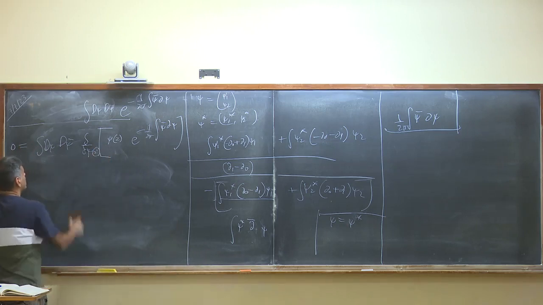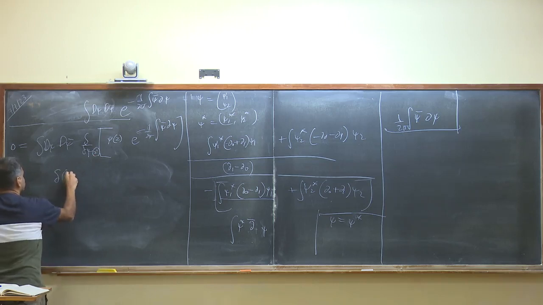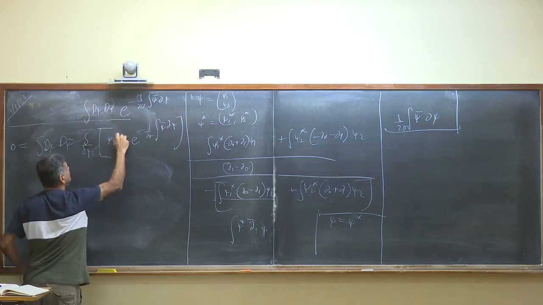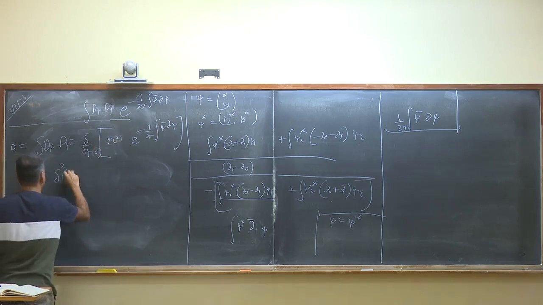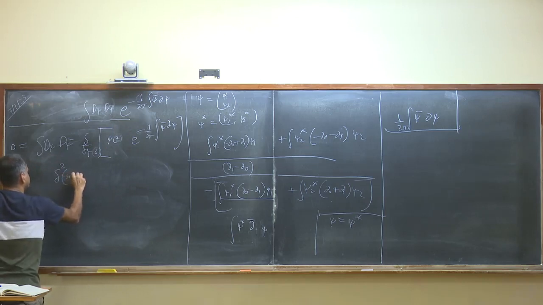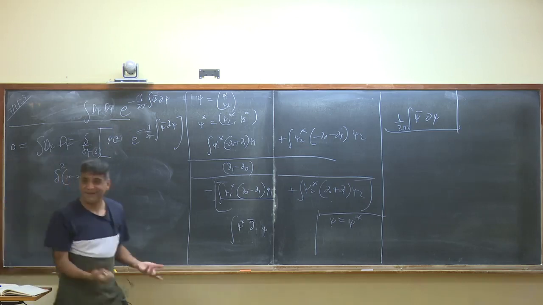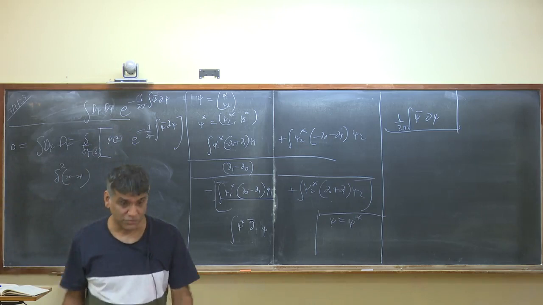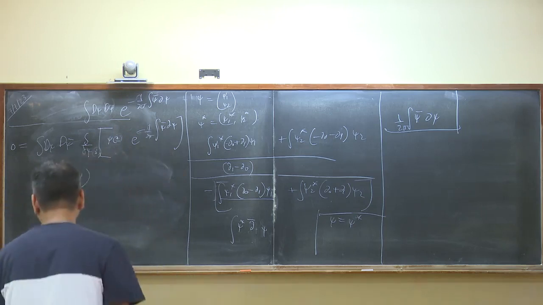The first term is delta of z minus z prime, or delta 2, let's call this x and x prime, delta 2 of x minus x prime, by definition, in two dimensions.